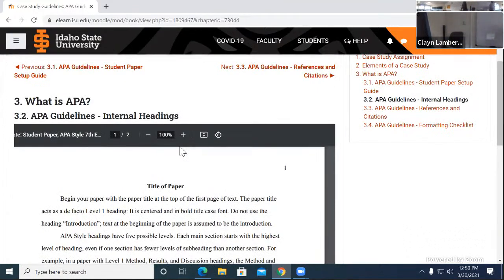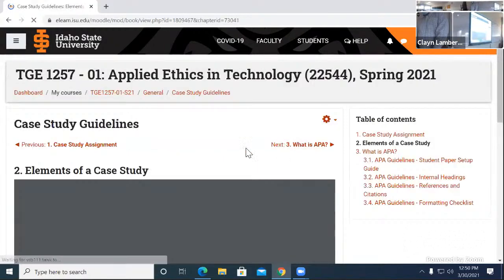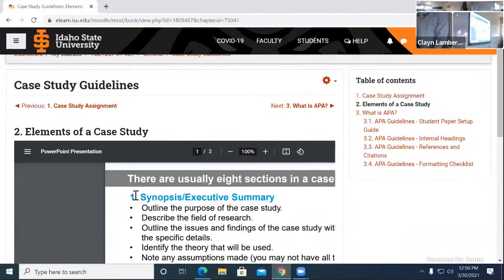Basically, when you move from section to section, you put in headings that tell people what this section is and what it's doing. So what I would recommend is using internal headings off of the elements of a case study.